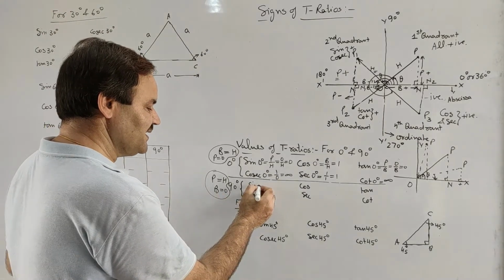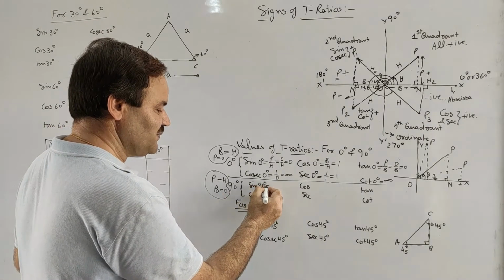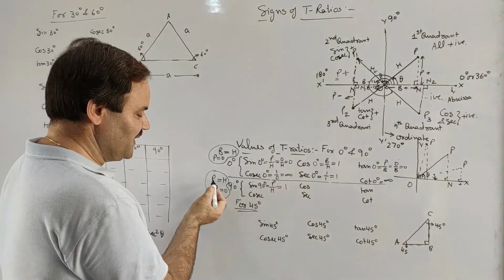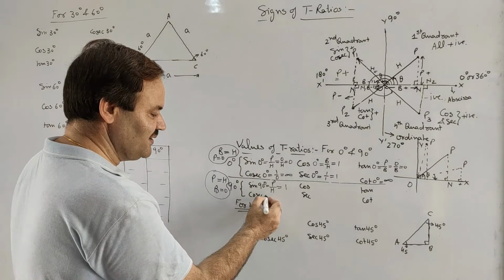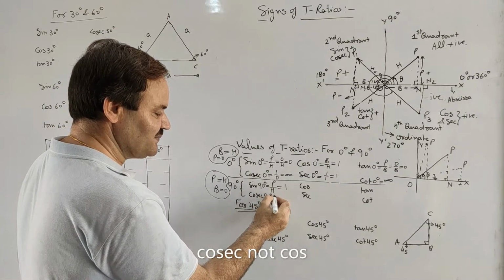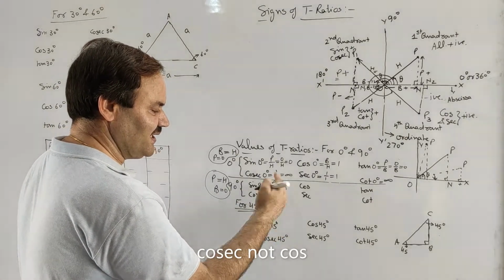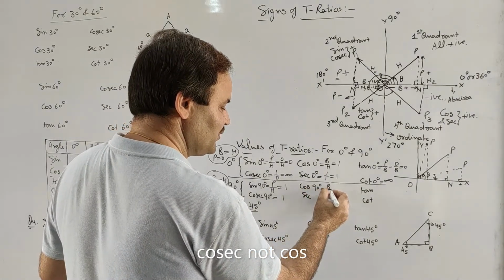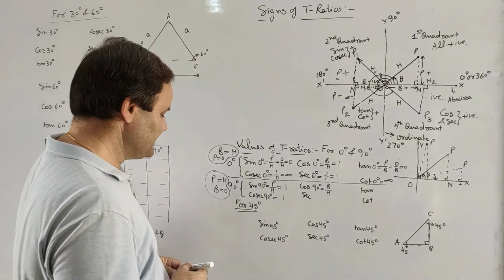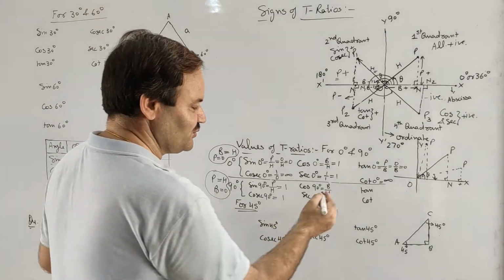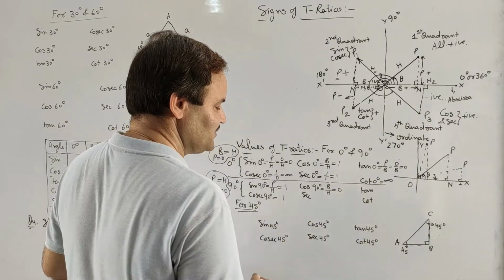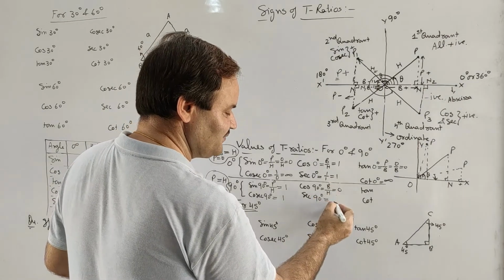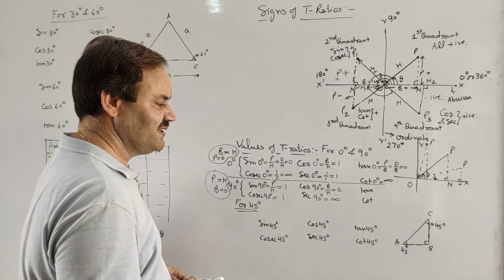So sine 90 degree, which is perpendicular upon hypotenuse, will become 1, because P and H will be equal. So cosec 90 degree, reciprocal of sin 90 degree, will also be 1. Cos 90 degree is base upon hypotenuse, base is 0, so cos 90 will be 0, and sec 90, reciprocal of cos 90, that is 1 upon 0, means infinite.